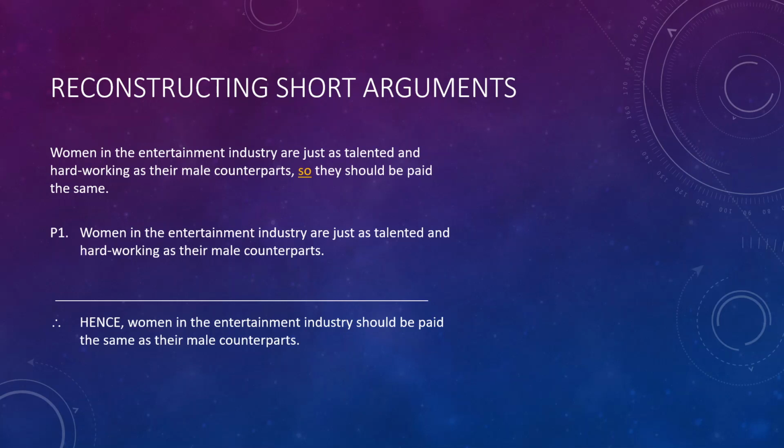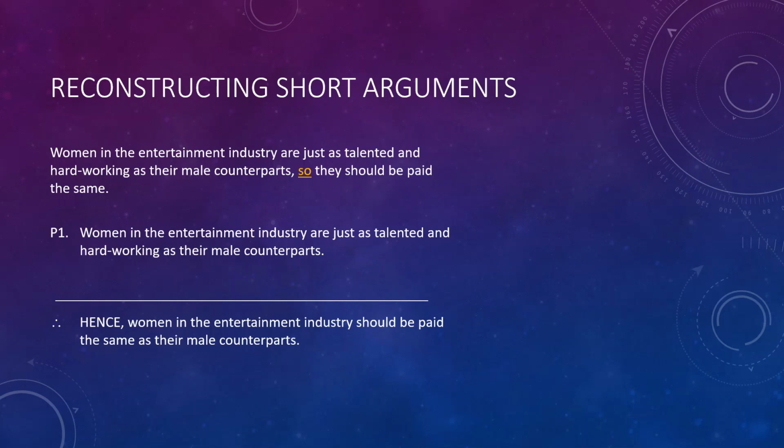Now, there is a missing premise or a suppressed premise. It's not stated, but it is doing some work. See if you can identify what additional premise, and it'll be a generalization, is needed to basically connect the premise to the conclusion.